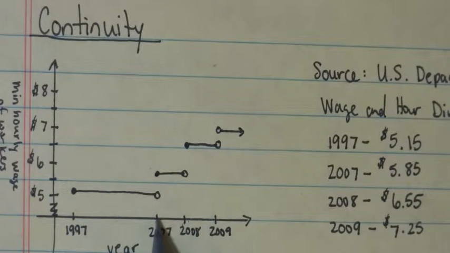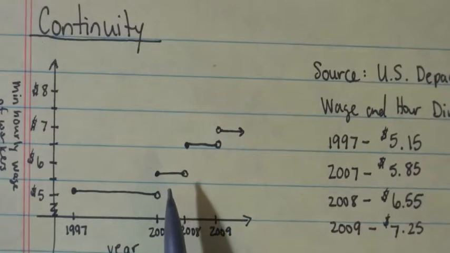But as soon as it hits midnight, we're no longer on this level. In 2007, it jumps up to $5.85.